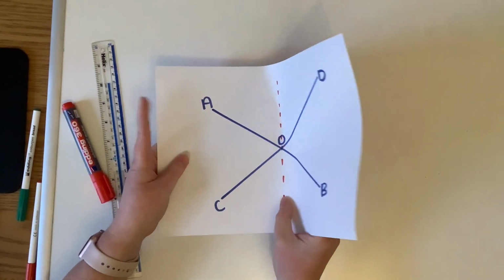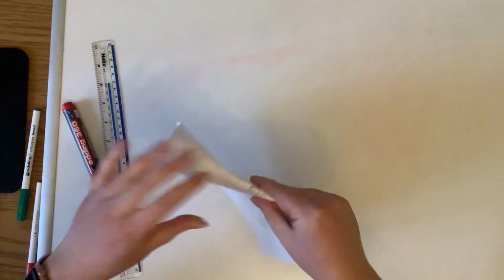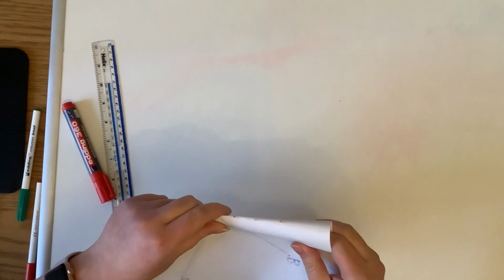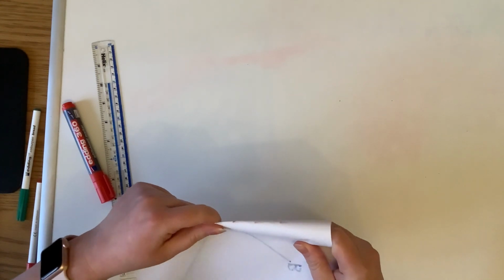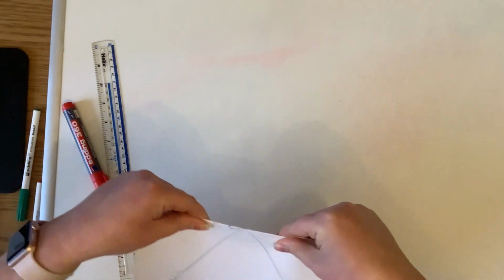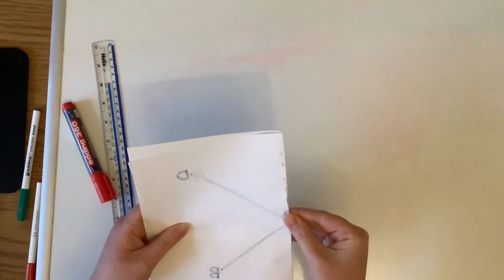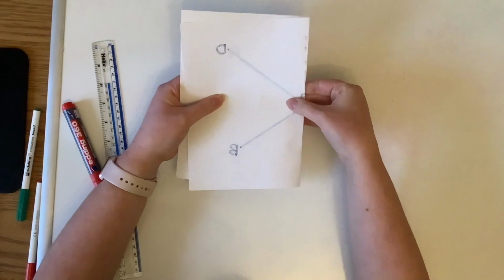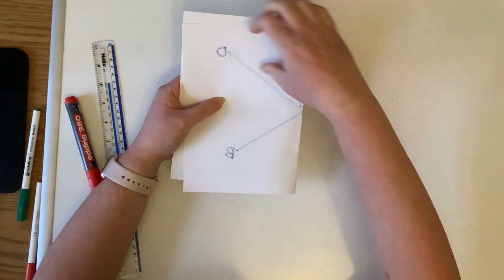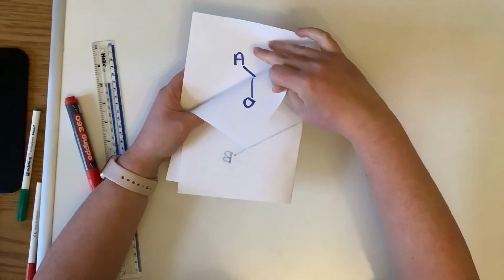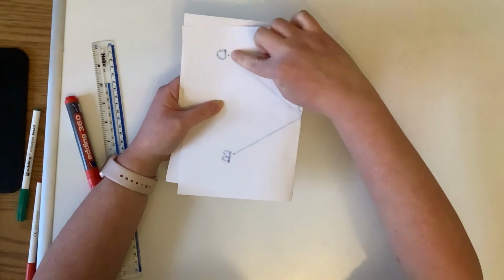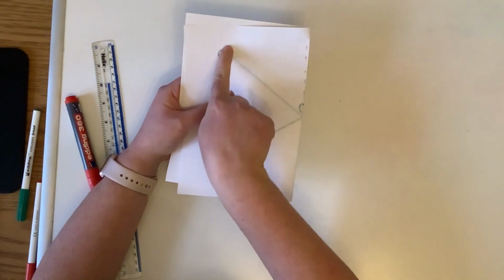However, if I fold across the red line, and I'm going to do that carefully, it's a little bit fiddly, but if I fold across that line, now I can't see that other line. If I peel this back, line AB is now on top of that line where the D is.